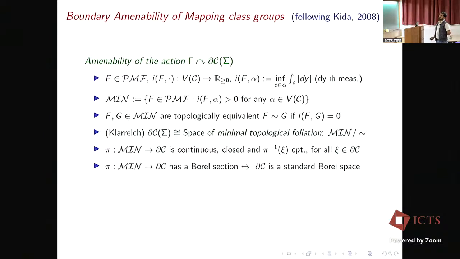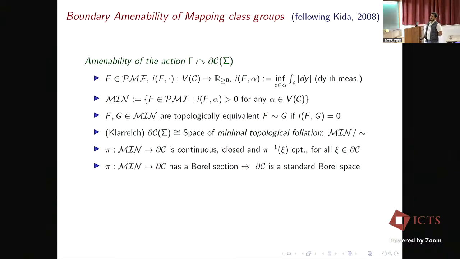Now, if we take two such elements from this set min, we say that the two elements are topologically equivalent if the intersection number is 0.